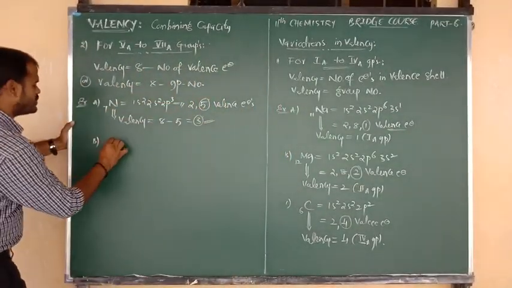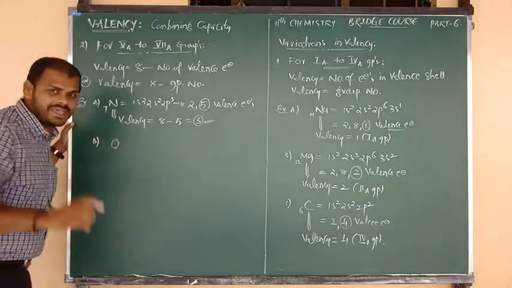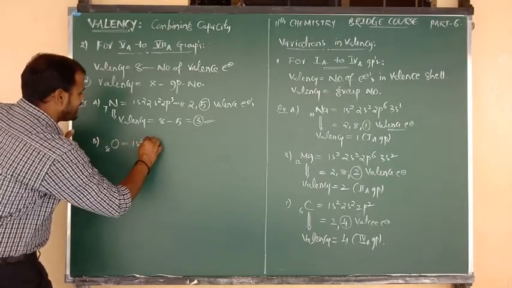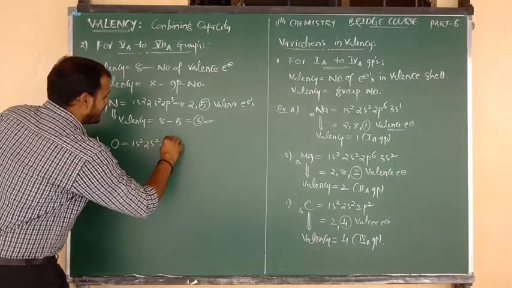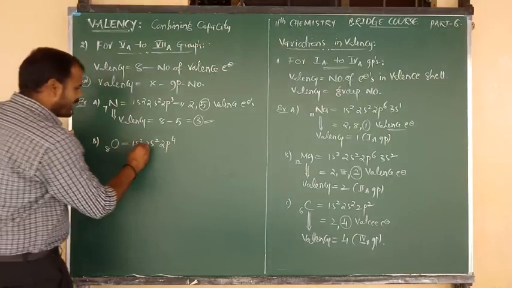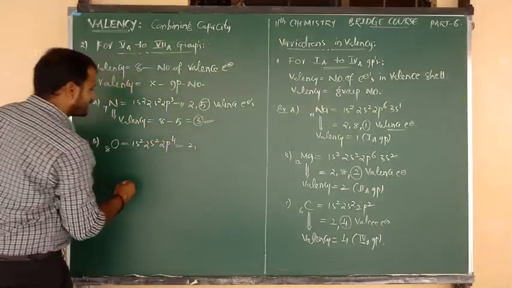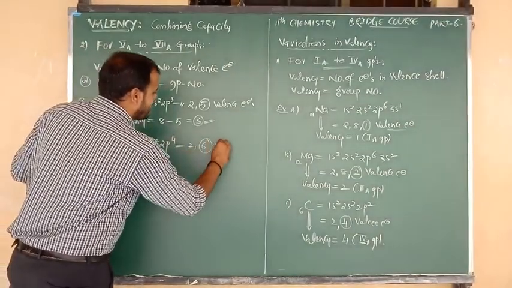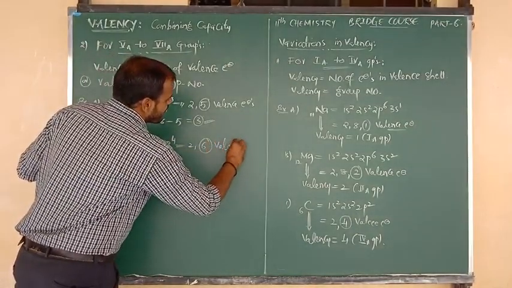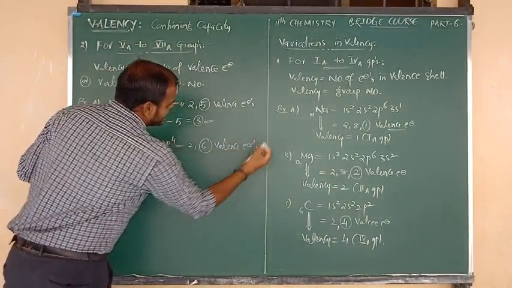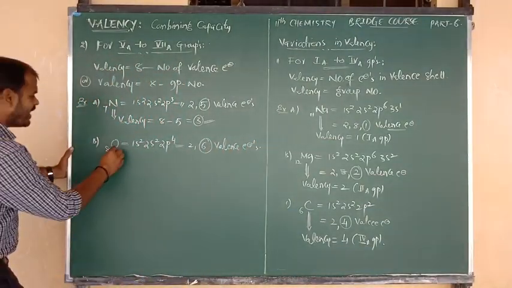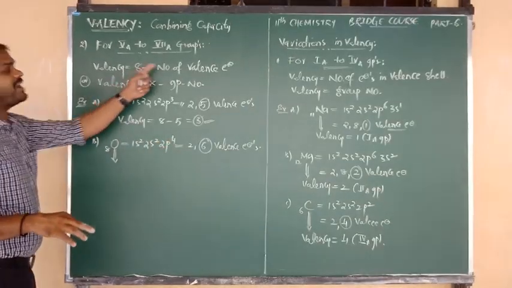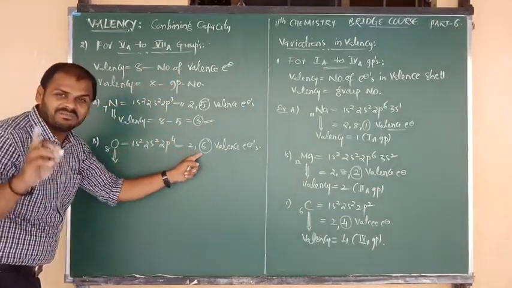Next example, I am going to give you oxygen, from 6A group. Atomic number is 8. Electronic configuration is 1s2, 2s2, 2p4. 1s2 means the first orbit contains 2 electrons. 2s2, 2p4 means 4 plus 2, total 6 valency electrons are there. So is the valency of oxygen 6? We can't say 6, because it is 8 minus the number of valency electrons, so 8 minus 6.